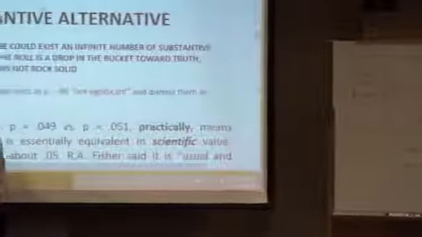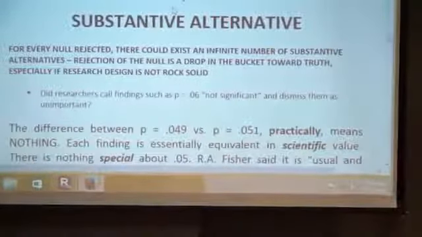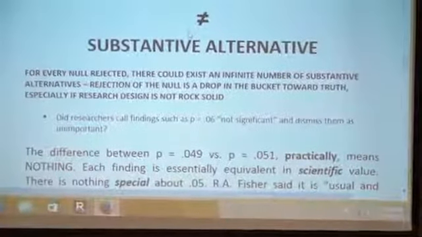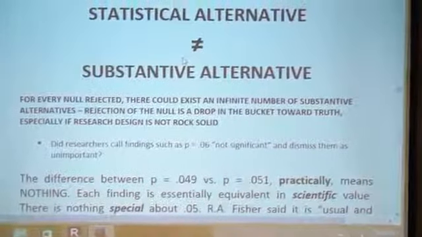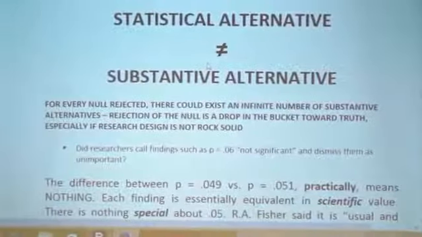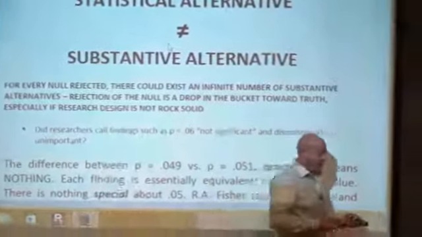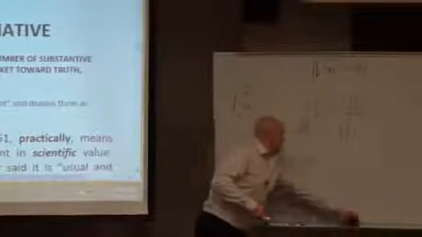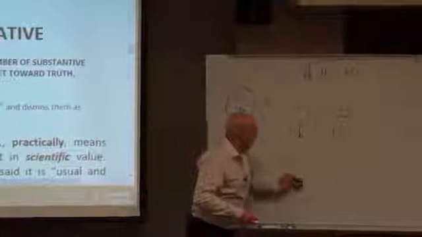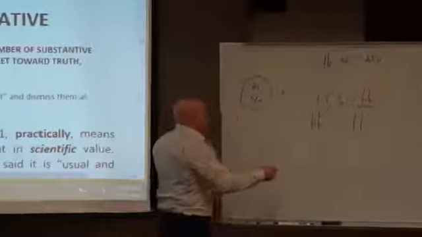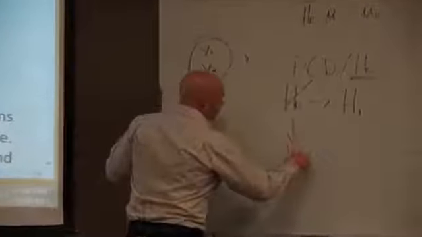Doesn't look like the null is the model we should be adopting. But why isn't it equal to the substantive alternative? Well, what's the substantive alternative? The substantive alternative is why the null is rejected. So once you reject the null hypothesis, the substantive alternative is why.